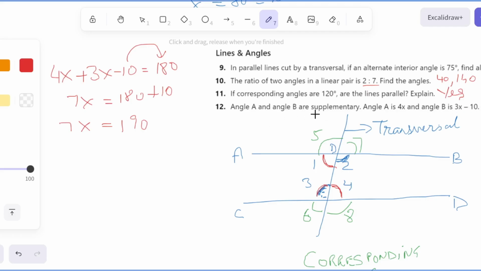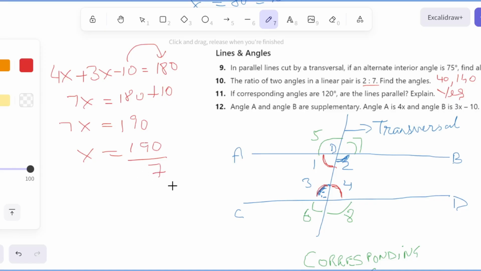And both angles are supplementary, so they should be equal to 180. So minus 10 becomes plus 10 on the other side, becomes 190, and 4x plus 3x becomes 7x. Now x will be equal to 190 upon 7. Why was I rechecking again? Because I don't think this will divide completely.